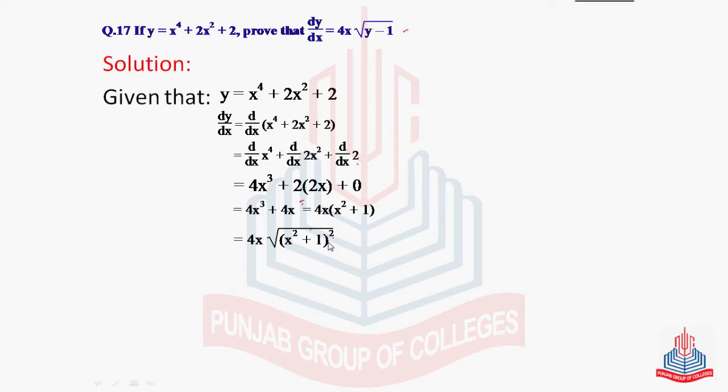So 4x, this square root as it is, and after opening this square, we have x^4 plus 2x square plus 1.